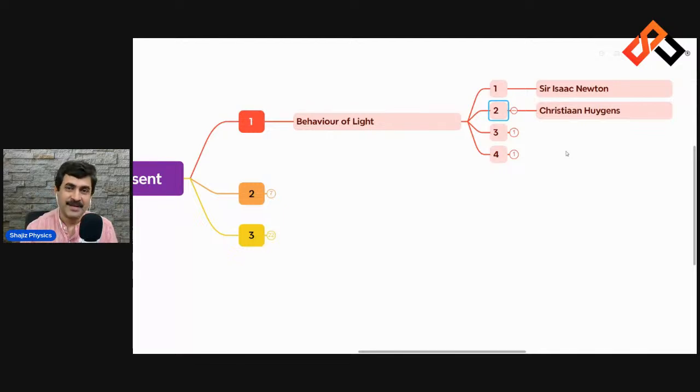The second reason, the corpuscular theory proposed by Newton was so elegant and simple in explaining phenomena like reflection, refraction, and rectilinear propagation. But the wave concept proposed by Huygens was rather complicated while explaining these commonly known phenomena.